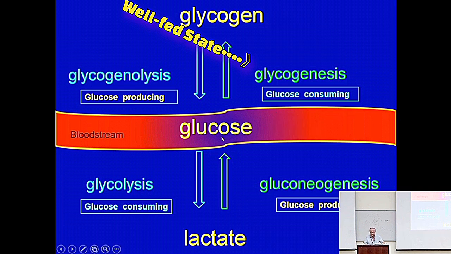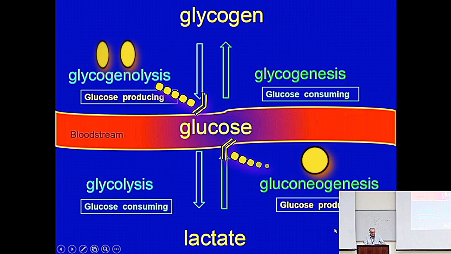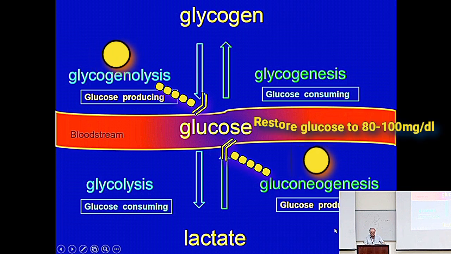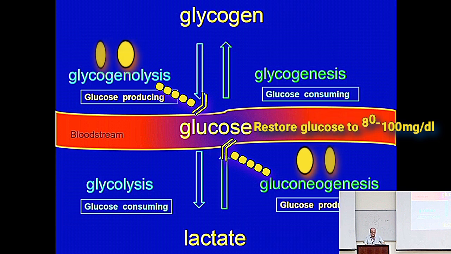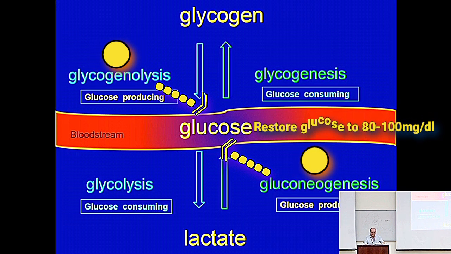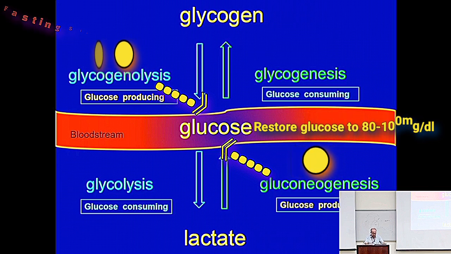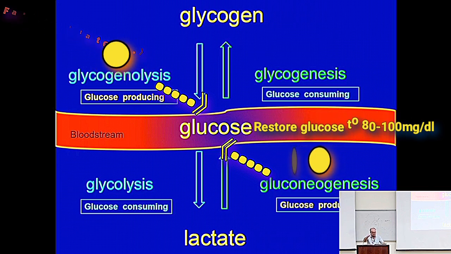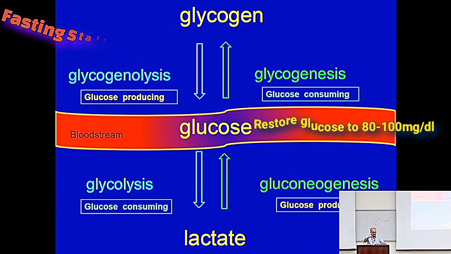There are two other processes involving glucose. Those are, as the subtitle shows, processes whose function is to restore blood glucose, restore it as it's dropping back to the normal level. And how do you restore blood glucose?